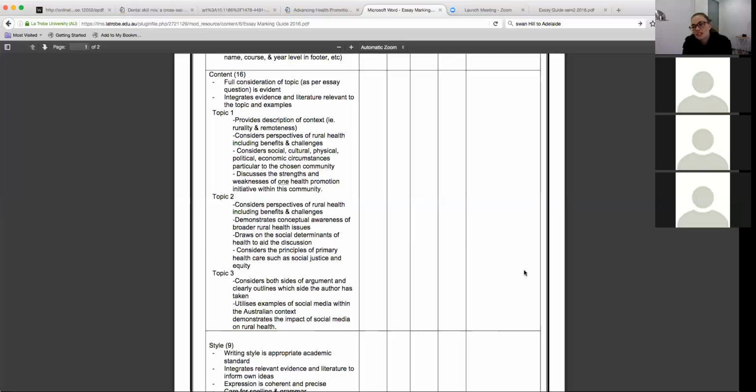So if you take the stance that yes, social media is good for rural health issues because it's good at raising awareness to policymakers and people that may not have any idea what's going on in this community, a perfect example of this is a hashtag that went viral around rural issues.